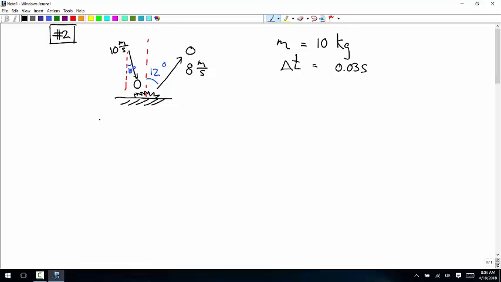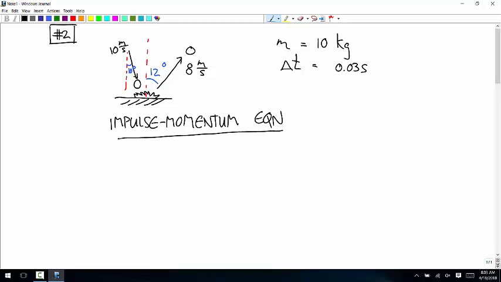Okay, we know that the impulse momentum equation says that if you integrate the force with respect to time from T1 to T2, that's equal to the change in the momentum, not the position vector.